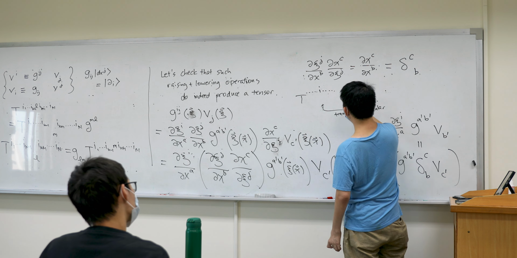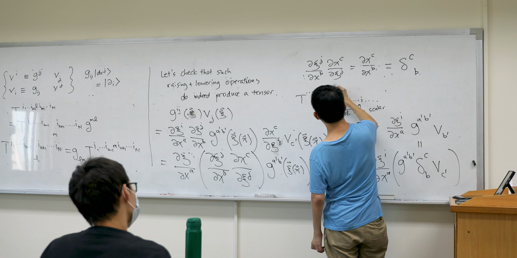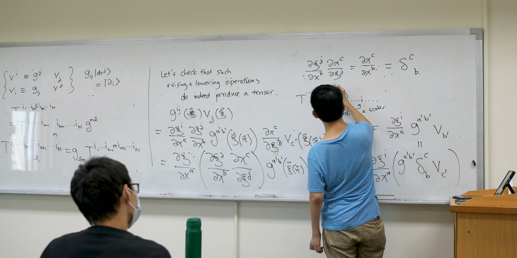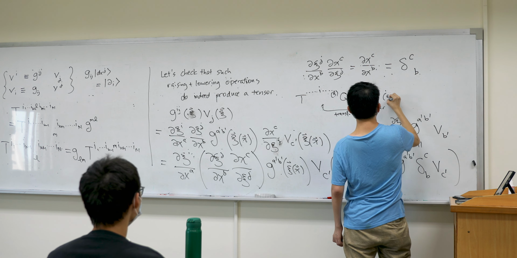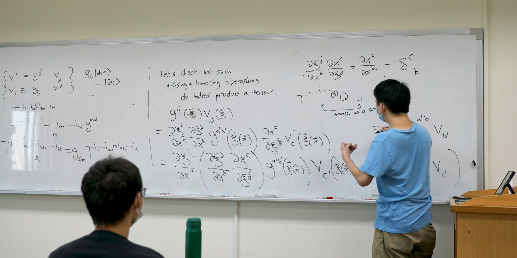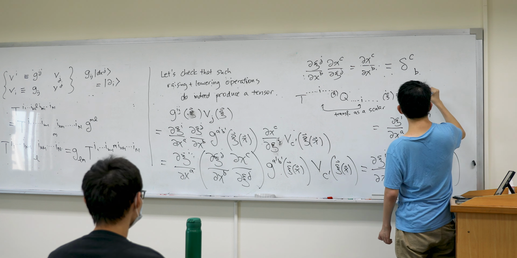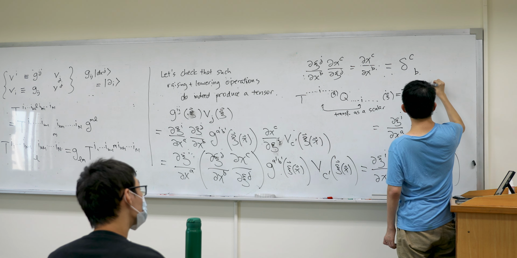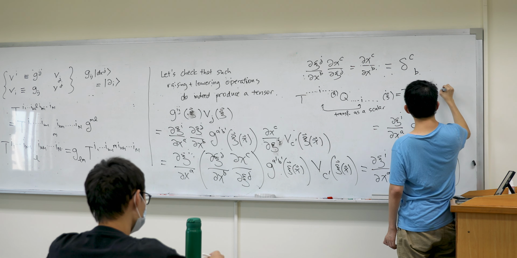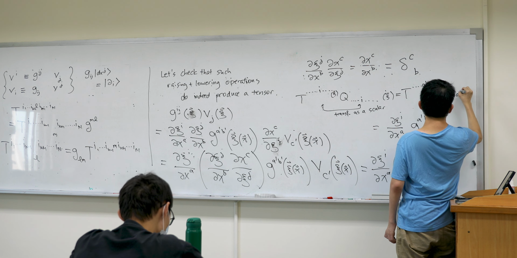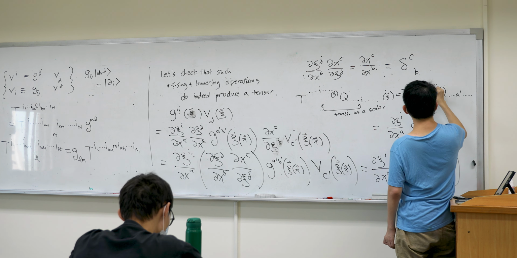So if this is C, actually let me stick to what we did here. By the time you're done transforming, this will become T, and I don't care about the other indices for now. It will be A prime, and then it will be Q, A prime, and now it will be x.